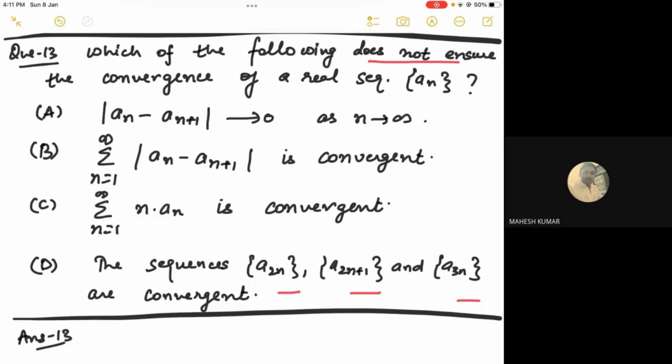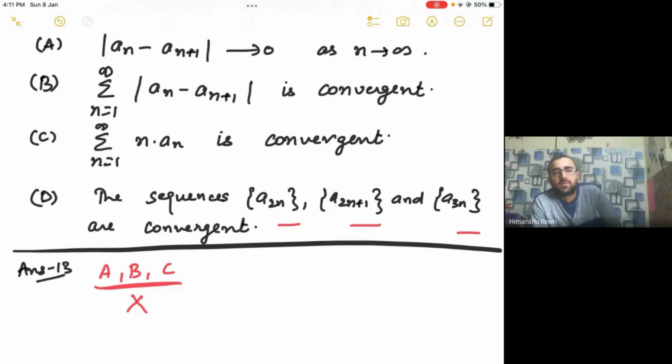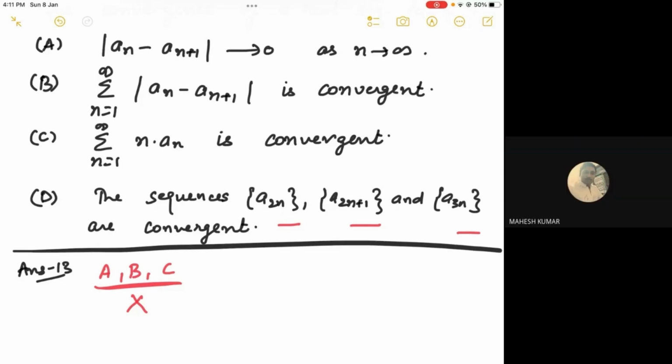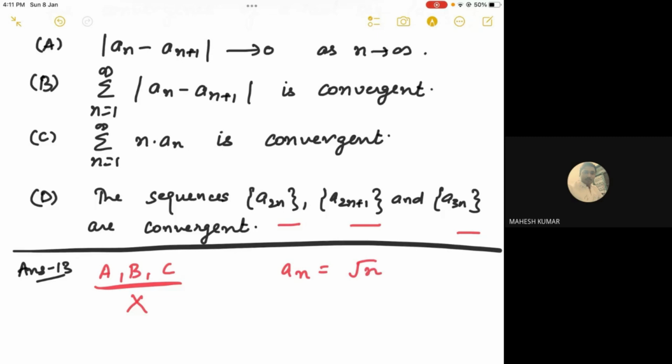I think A, B, C are true. Okay, so one answer comes as A, B, C. This is incorrect. In the first option, if we take an is equal to square root of n, then an minus an plus 1, if we rationalize it, then it goes to 0, but an is not convergent.